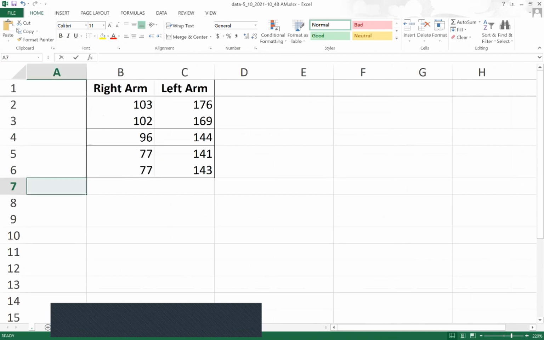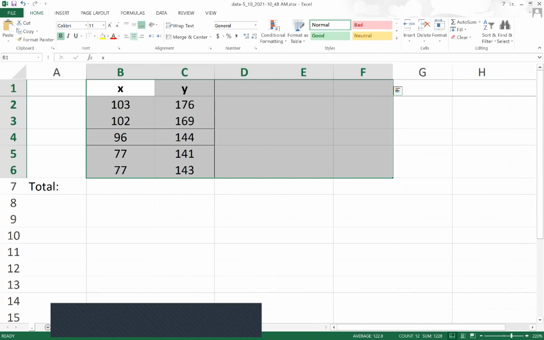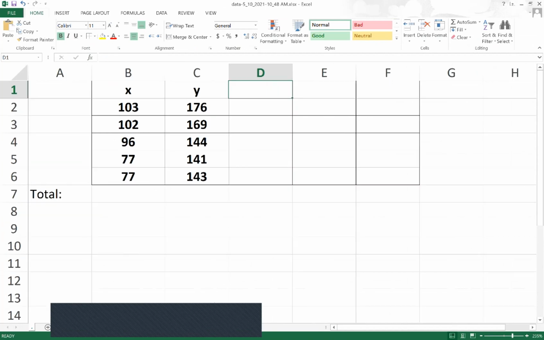So let's find a total. You can just change the first column to X, change the second column to Y. In reality, that's what we go by when we're using the formula. And again, we're going to calculate XY, X squared, and Y squared. Same procedure.